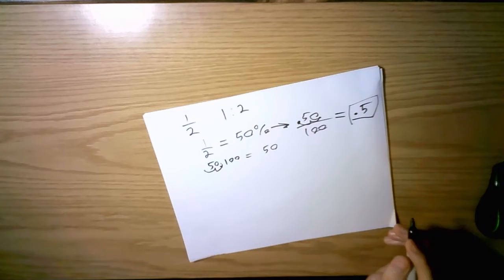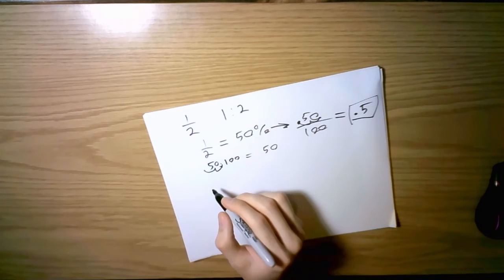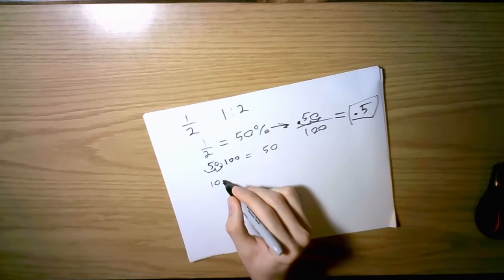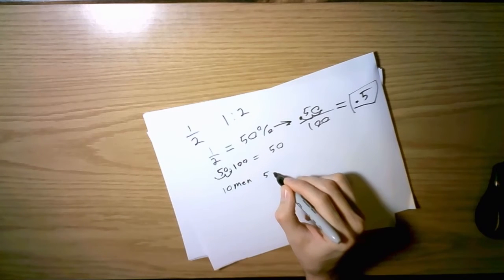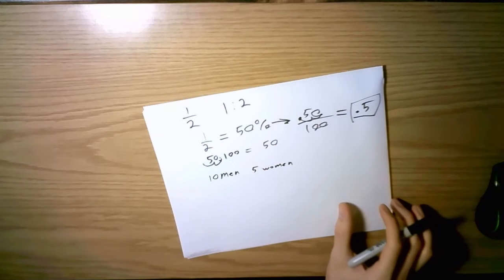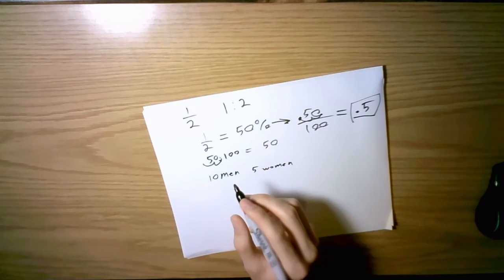I'll give you an example problem. Let's say you have 10 men and 5 women. This will help you with your problem solving. The question is, what is the ratio of men to women?